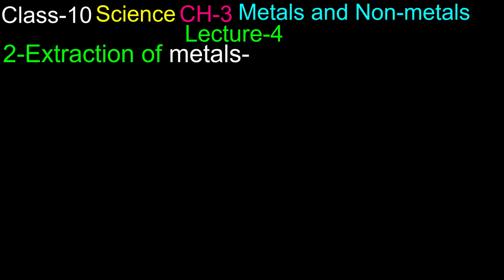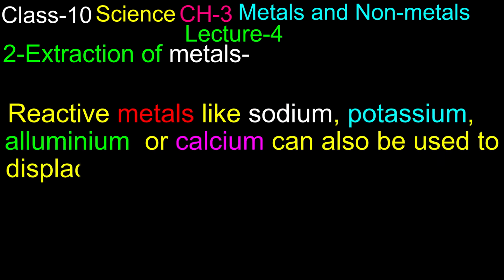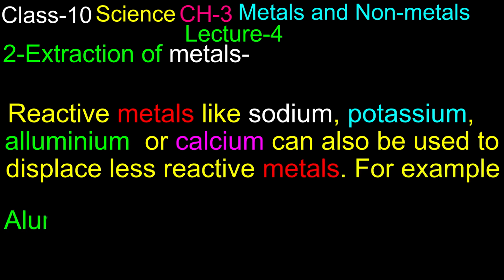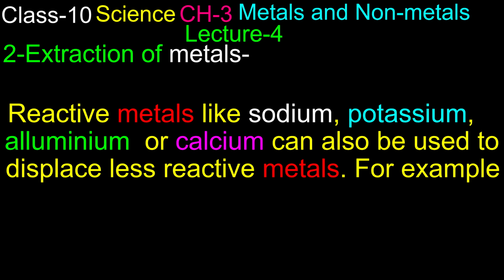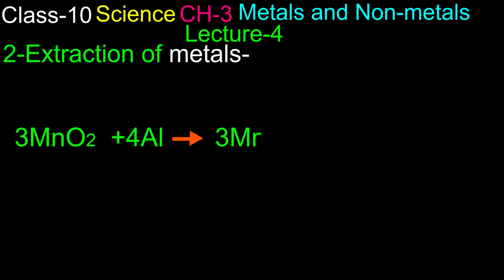Reactive metals like sodium, potassium and aluminium or calcium can also be used to displace less reactive metals. For example, aluminium can reduce a zinc oxide or manganese dioxide. The reaction is MnO2 plus Al produce manganese plus Al2O3 or aluminium oxide and heat is evolved.